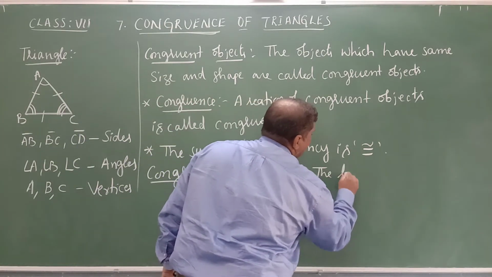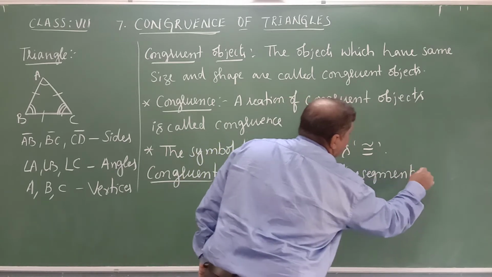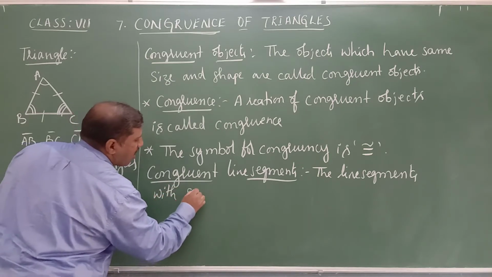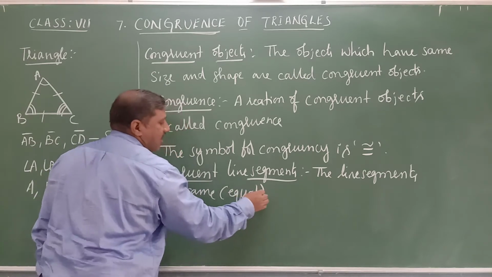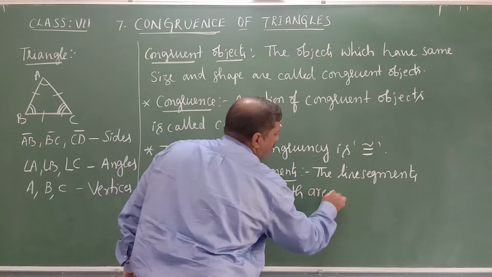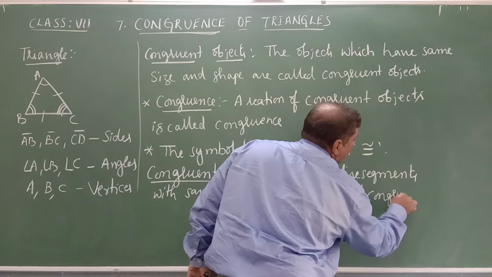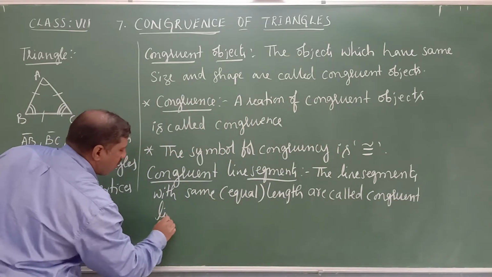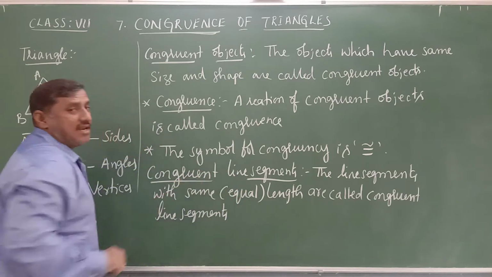The line segments with same length or equal length are called congruent line segments.